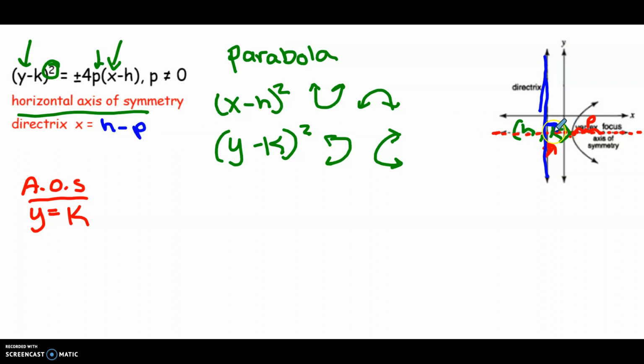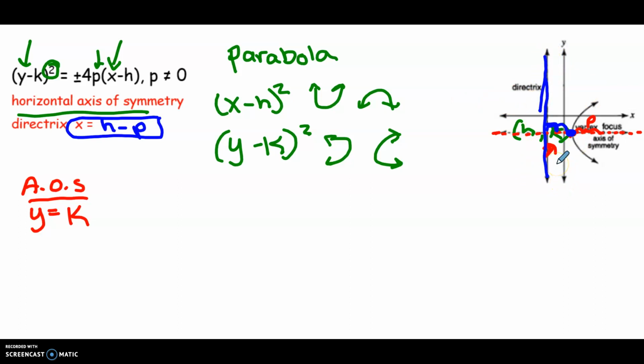That's going to tell you what your directrix is. So here's my vertex of h comma k, and if I subtract p units from that h, I'm going to land at the directrix line. Again, like the equation for the directrix, I usually just count and make my equation by graphing it.